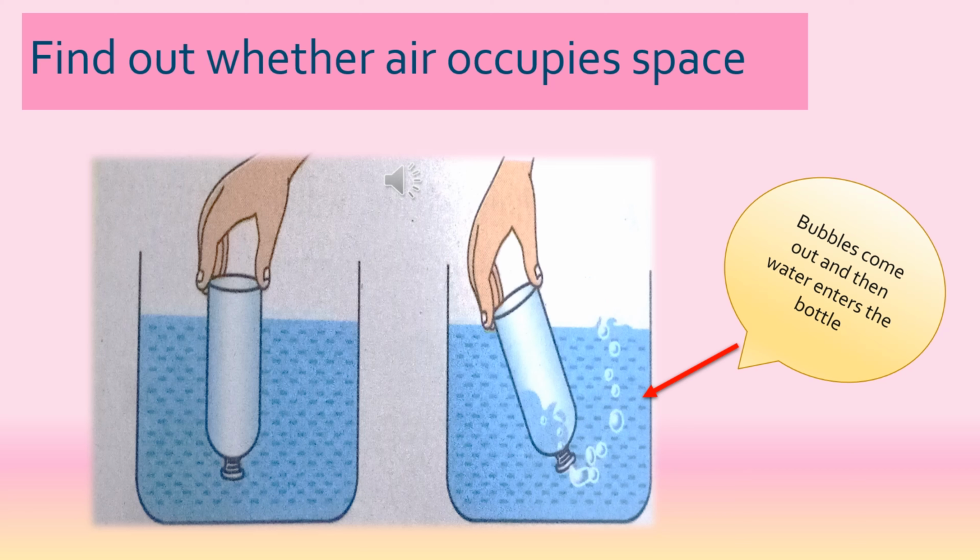In the next position, water entered the bottle because the air blocked in the bottle came out. So it's clear that air occupies space. And also, have you ever thought whether the empty bottle contains any matter? Yes, as in this observation, the empty bottle contains air.